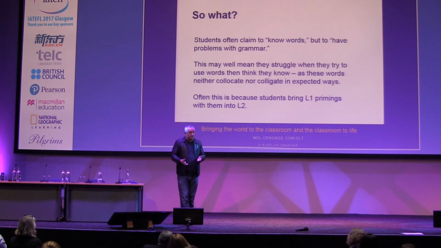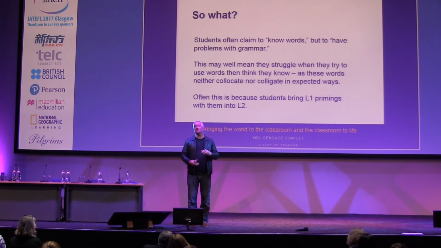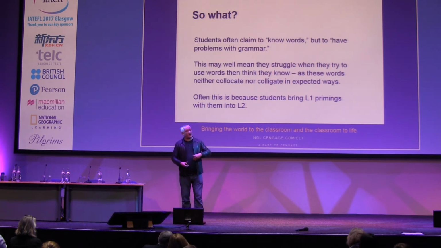And I think often it's because the students unconsciously will bring their own expectations or primings or conditionings of how they think the language should work from the way the language works in their own first language.